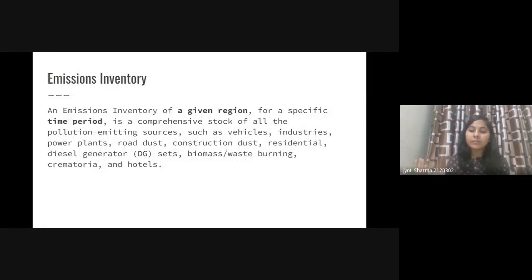We can also give the value activity wise, for example from transportation, how much emission we are getting, or we can give it area wise, for example from Delhi, how much pollutant emission we are having. So we can use this emission inventory according to our problems, right?